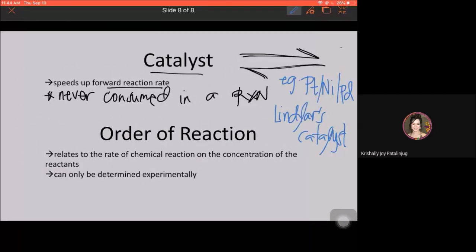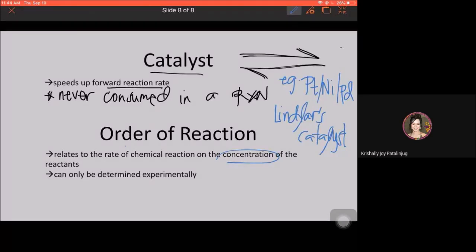So relationship siya between the reaction rate and the concentration of a particular reactant. Okay? So it still boils down with the concentration of the reactants. Okay? So connected lang siya dun sa concentration. Again ha, itong order of reaction, it only relates to the rate of chemical reaction on the concentration of the reactant. So basically, it can only be determined experimentally.